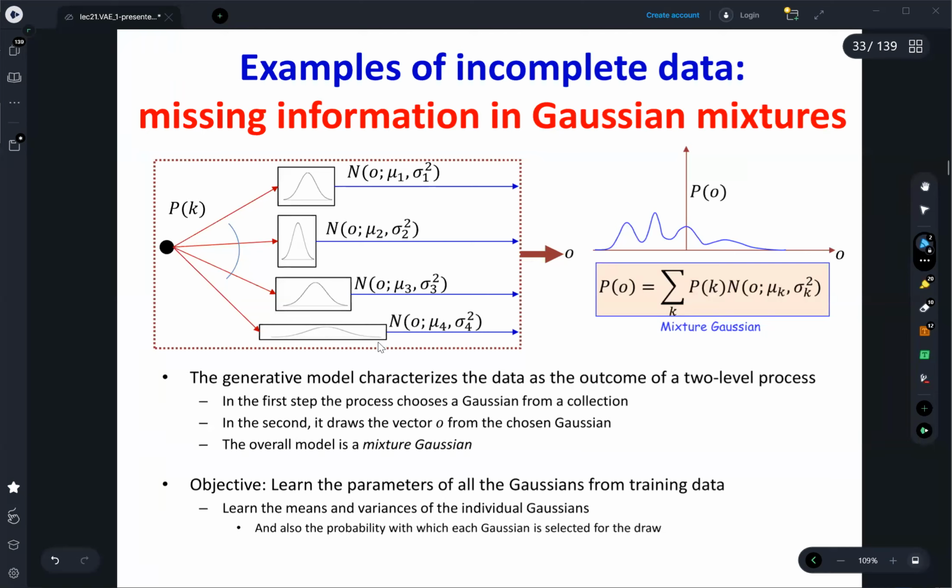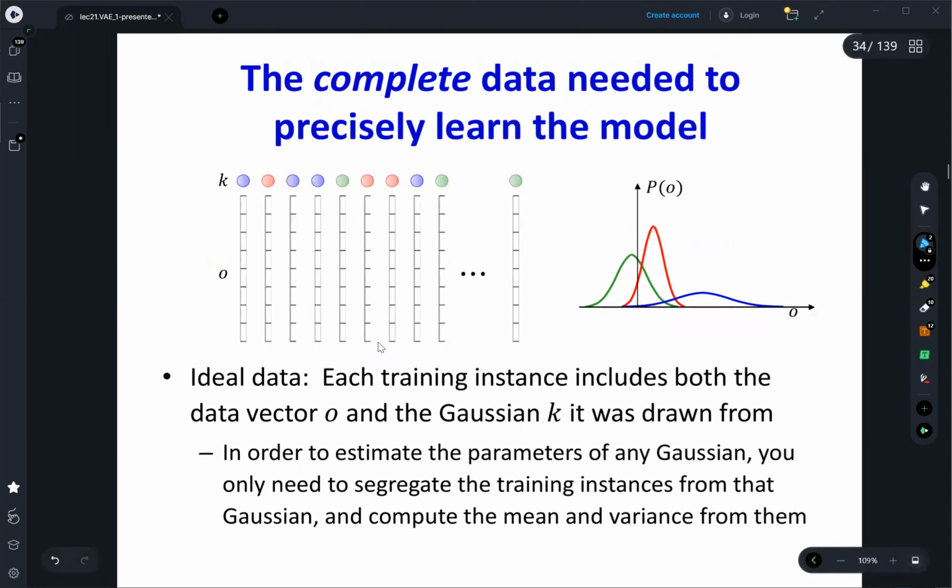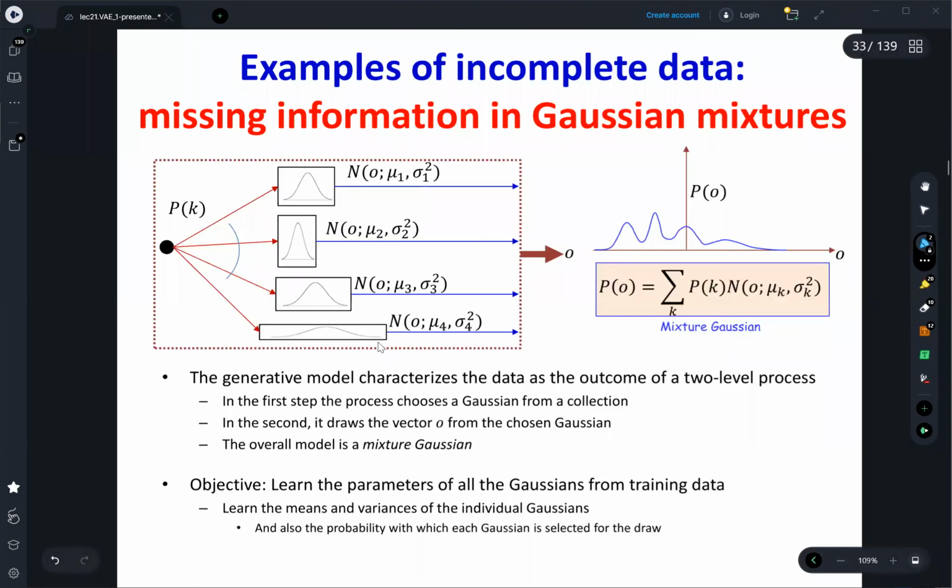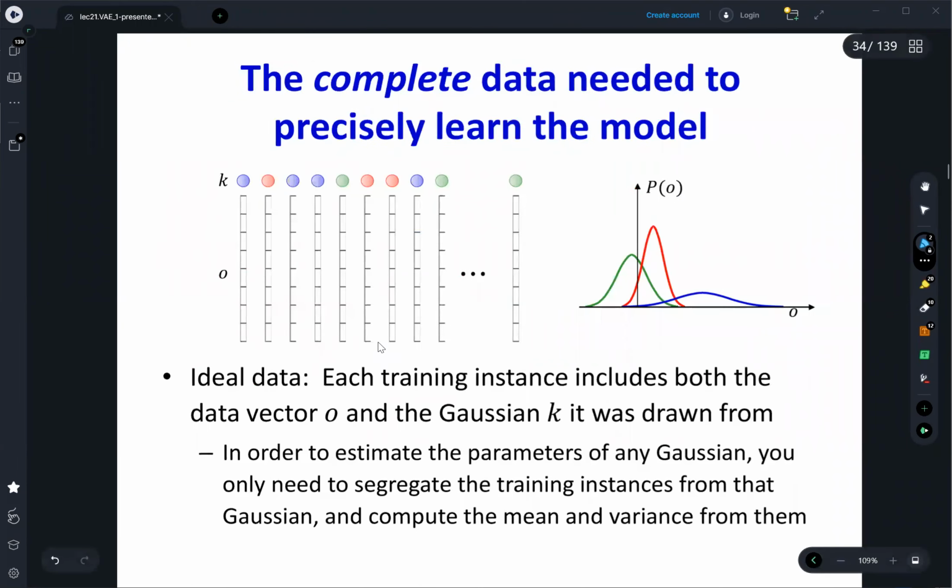And so if you want to learn the distribution of the entire data, you need to know the details of the entire process. Ideally, if you know the details of the entire process that generated the particular observation, you would know which Gaussian every observation came from.